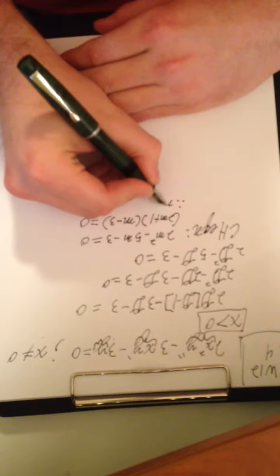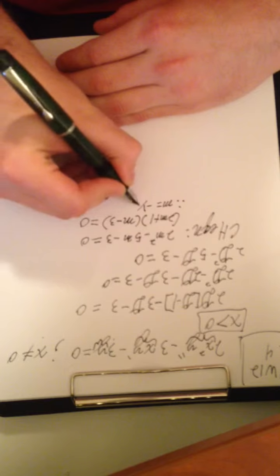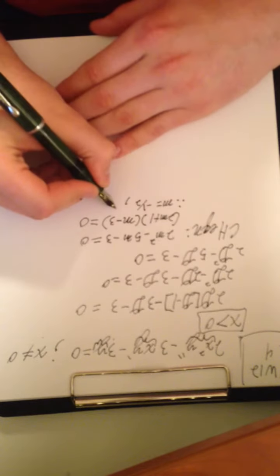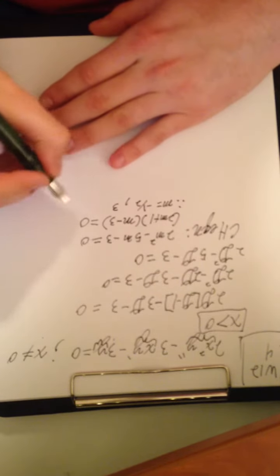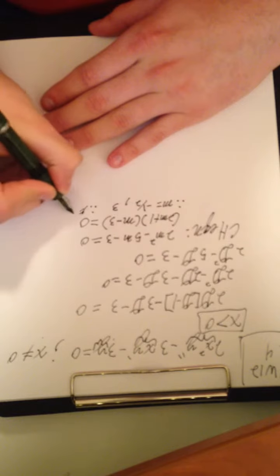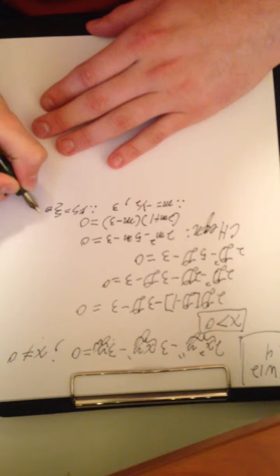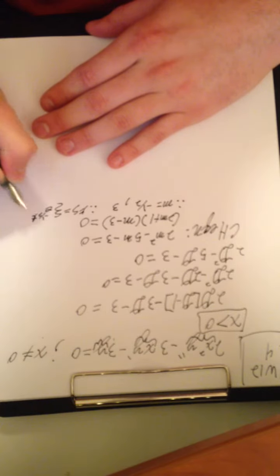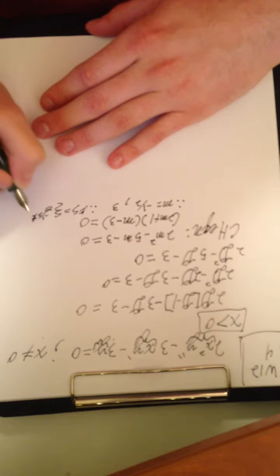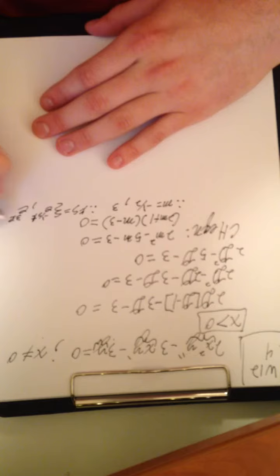Therefore, we can state our m is equal to negative 1/2 and positive 3. And therefore, our fundamental solutions are going to be e to the negative 1/2 t, not x, not y, but t, and e to the 3t.